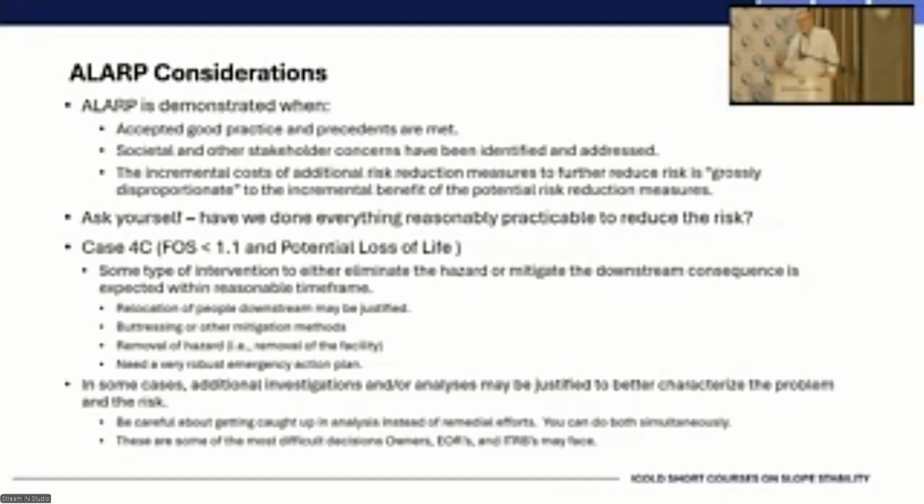ALARP is actually a well-established concept, but it's not a very well-defined concept. So it's been around for quite some time. It was developed in the UK, really built around the nuclear power industry.